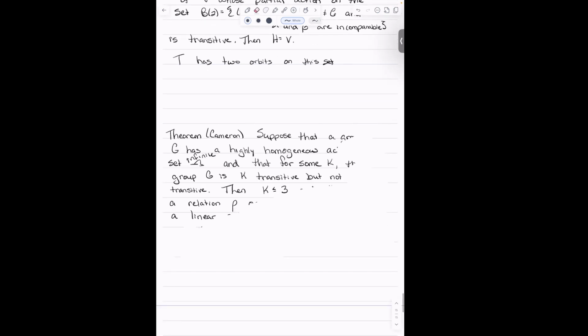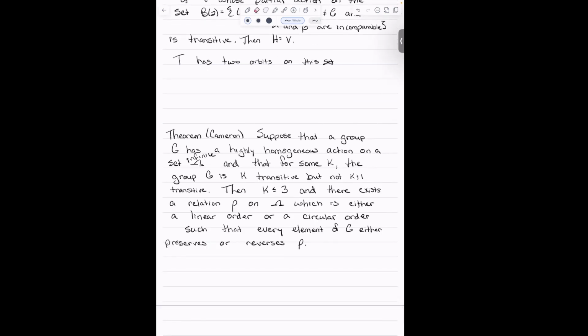And you start spotting theorems like this theorem due to Cameron, which is a long theorem, but basically it says, if you look at a highly homogeneous action on an infinite set, where the action is k-transitive but not k plus 1 transitive, so T here, remember, is 1-transitive but not 2-transitive, then at most k can be 3, and the subgroup in this group, which is acting highly homogeneously, has the property that there exists a relation that's either preserving a linear order or preserving a circular order.